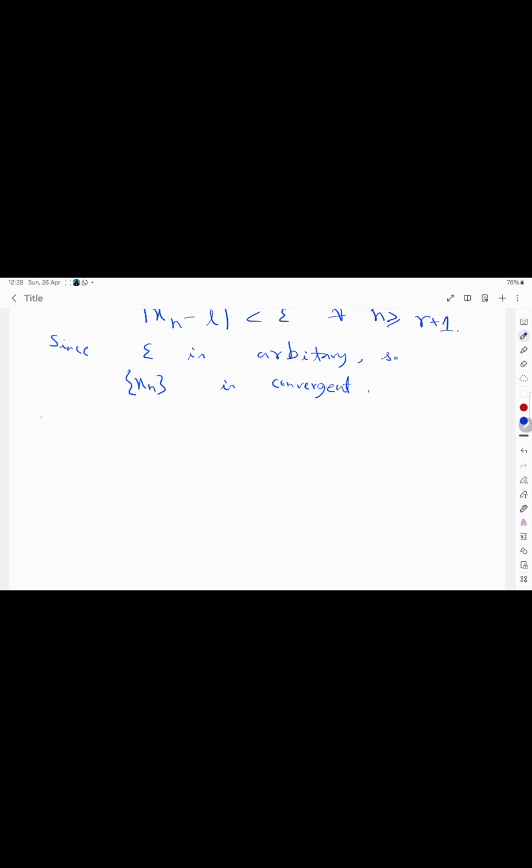So after that you have a definition, the Cauchy sequence.